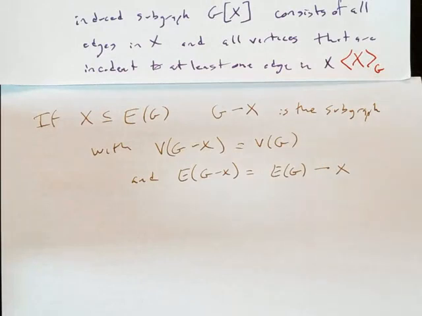So if I throw away an edge, I don't touch the vertices. But if I throw away a vertex, I throw away every edge incident to it.